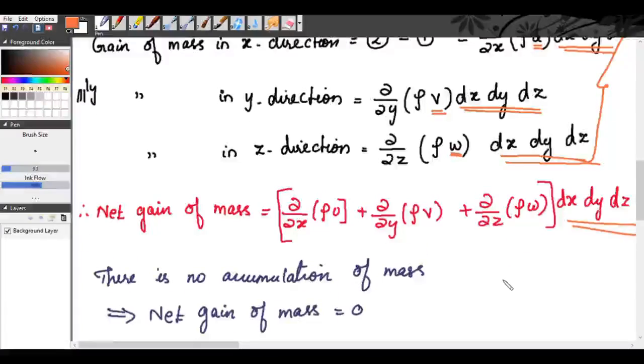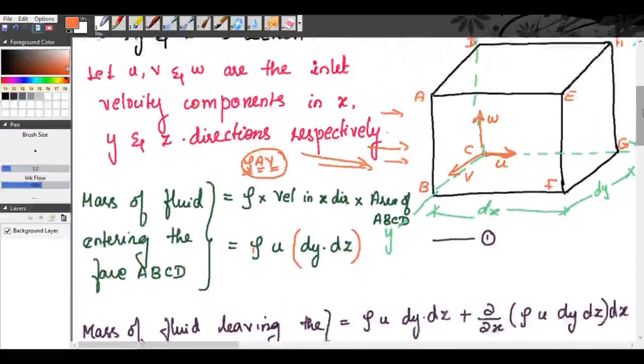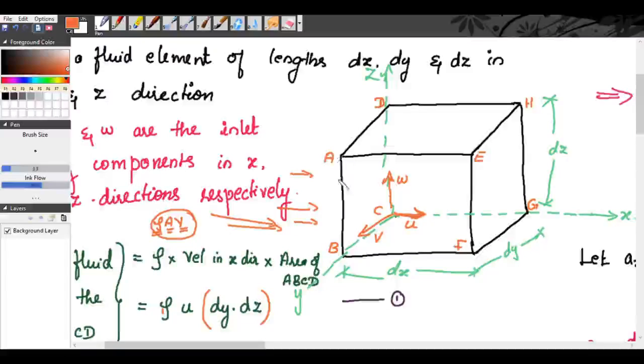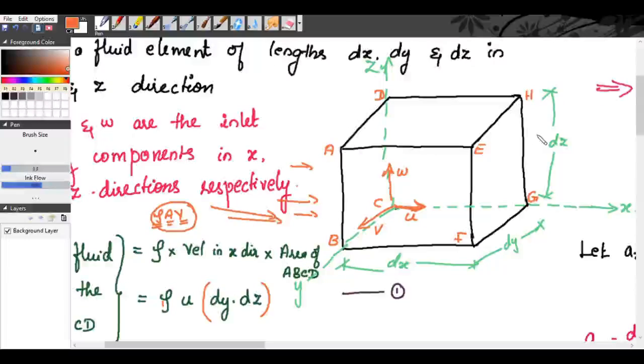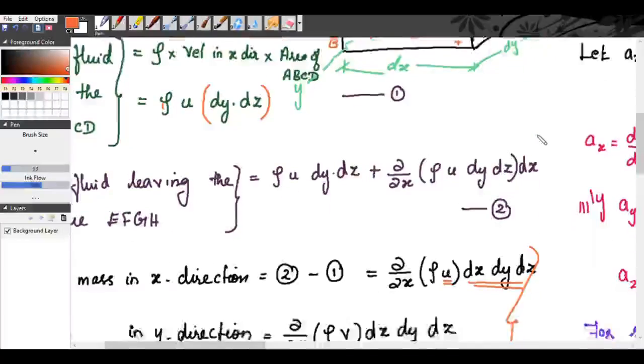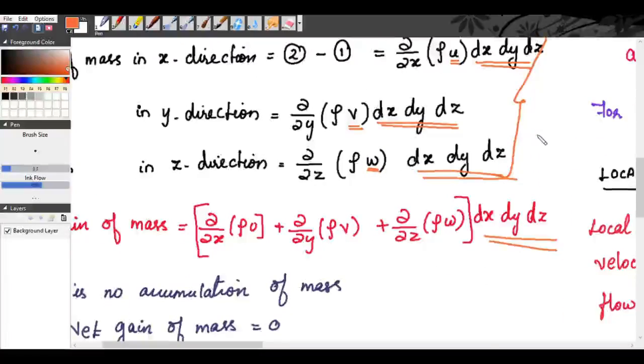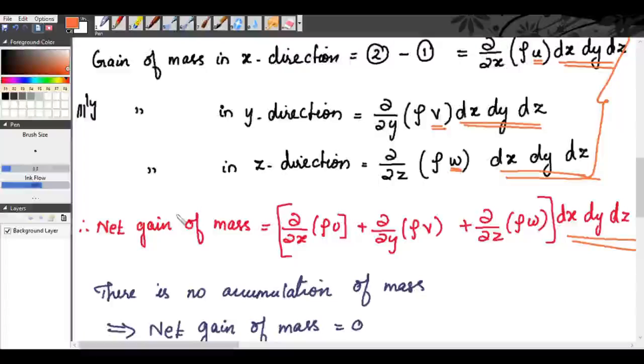Now, when you look into the diagram, the mass entering through the face ABCD is leaving through the face EFGH. So there is no accumulation, there is no stagnation of flow. It is flowing, so there is no accumulation of the mass. That means the net gain of mass will be equal to 0.